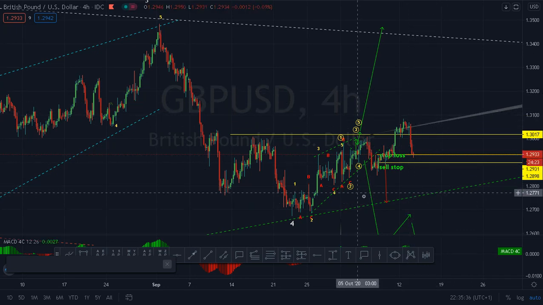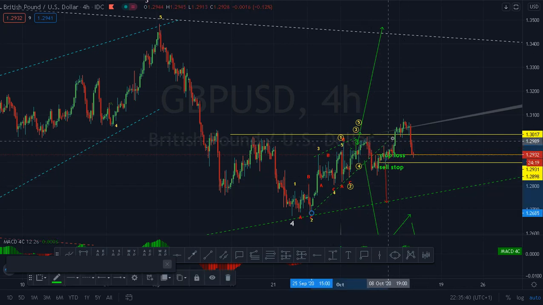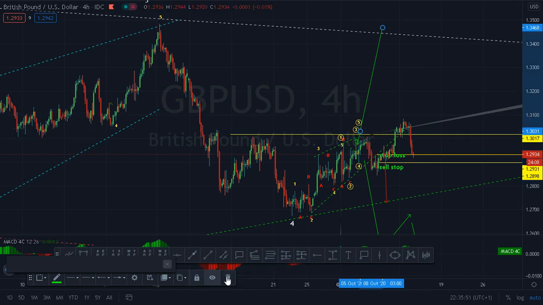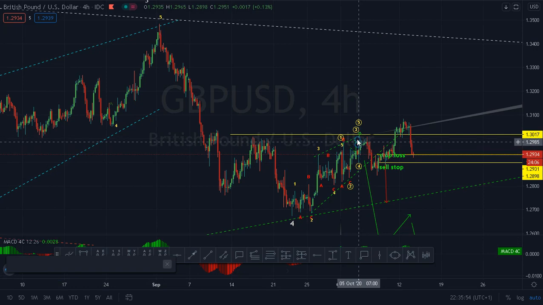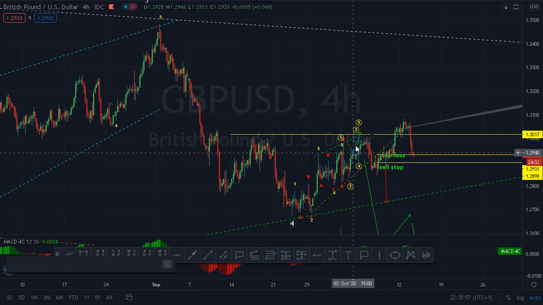So we will keep our eyes. See, my focus yesterday was we should watch for break of this line. Though it went a bit higher before it got broken, but the line had been broken anyway. At the end of the day, it is broken.